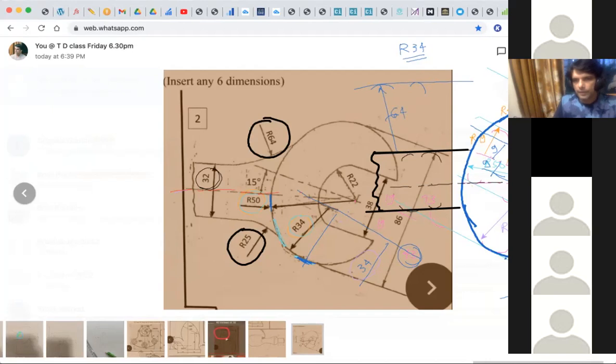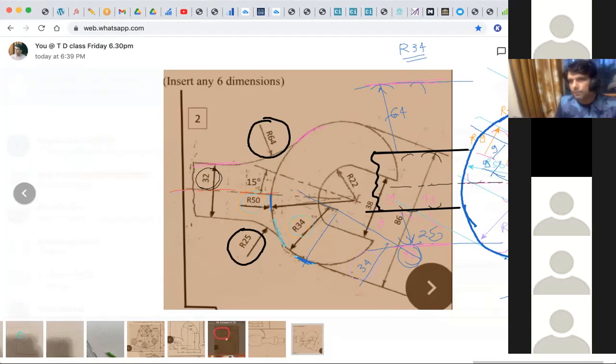And from here, I'll go down by 25. I'll take a different color. So this is 64 and this is 25, right? Now, 64 is merging with this line, so that's why we took a parallel line, right? And it is merging with this curve. Which curve? 50.